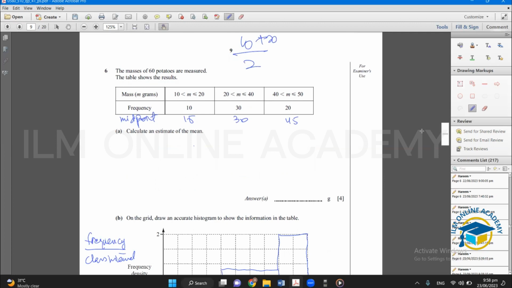Okay, so what you have to do is do this question in a manner like 15 multiplied by 10 plus 30 multiplied by 30 plus 45 multiplied by 20, and divided by how many potatoes were there? There were 60 potatoes.